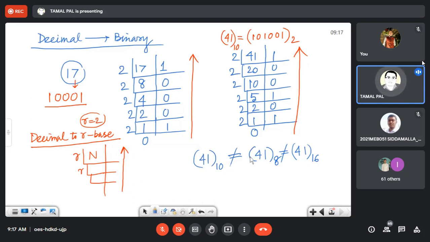Although by default we understand that 41 is a decimal number, when you are dealing with number systems, there may be numbers with different bases. Understand? Same thing I have also written for binary. You can also write the same thing in decimal, where it has some value. In decimal it is known as 11.